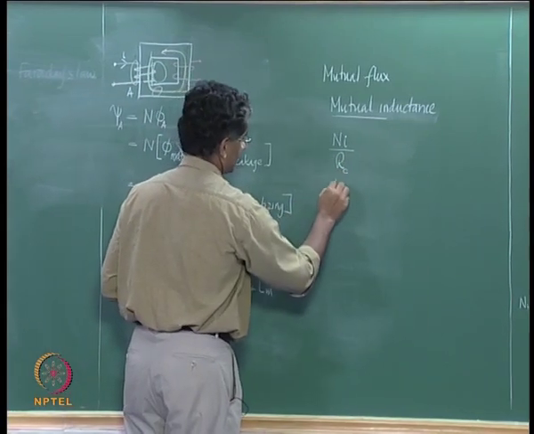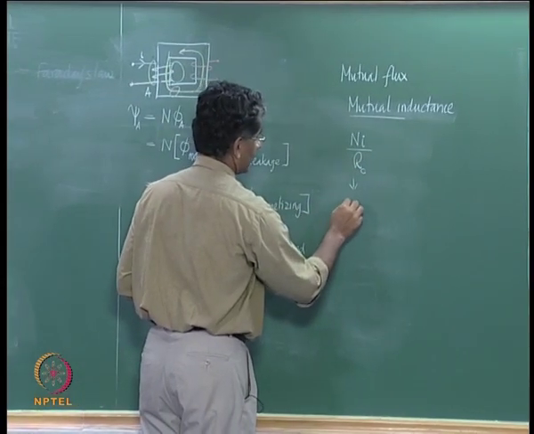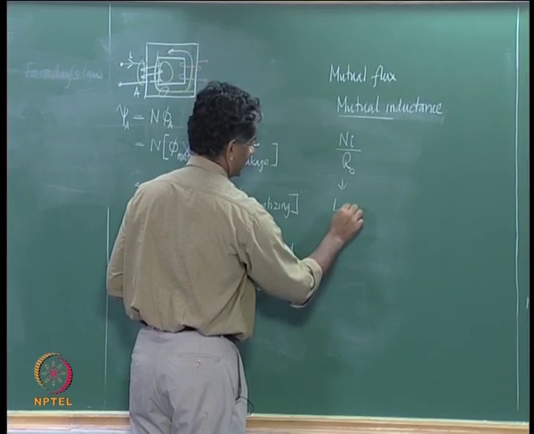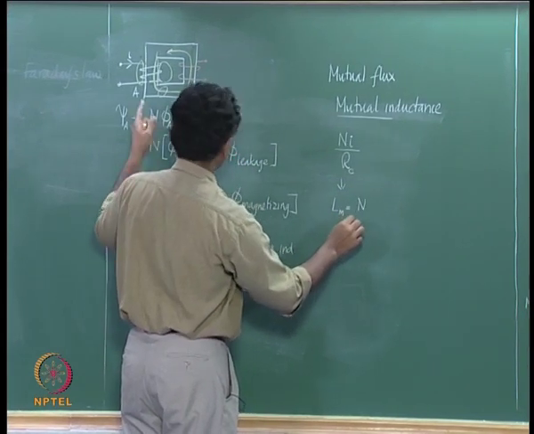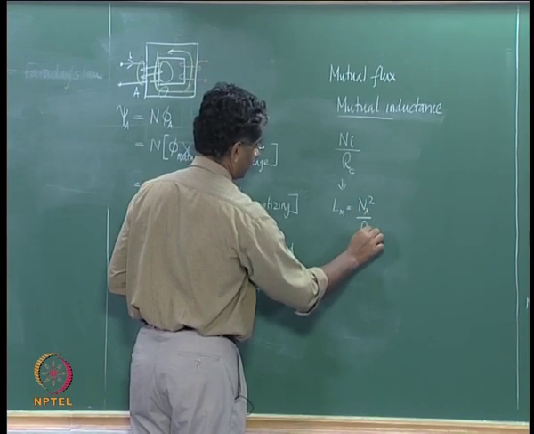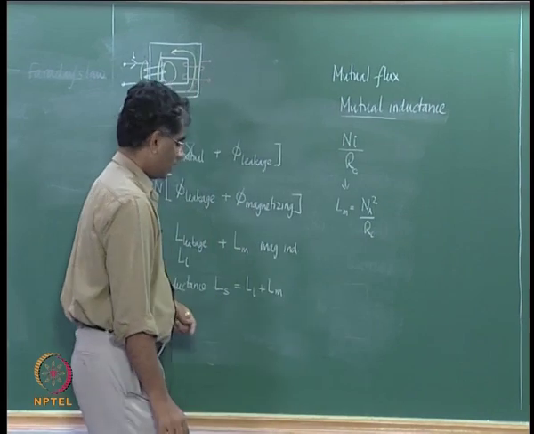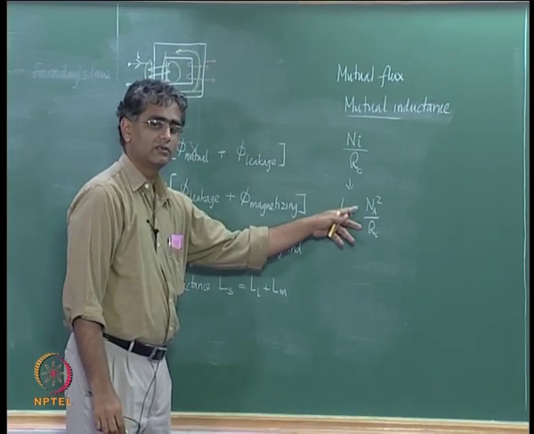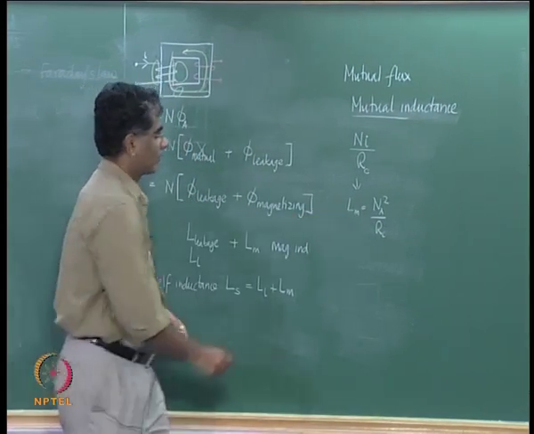From this one can get the magnetizing inductance as Na square divided by Rc. I am using the expression that we derived earlier.